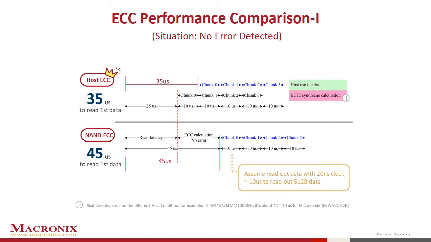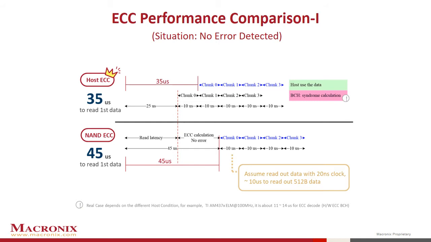In this case, it takes 25 microseconds to load 2K byte data into the NAND cache from the NAND array, and roughly 10 microseconds to read the first 512 bytes from NAND cache to the host and have the host check ECC. Therefore, the total time needed for the host to read the first 512 bytes and check ECC, where there are no errors, is 35 microseconds.